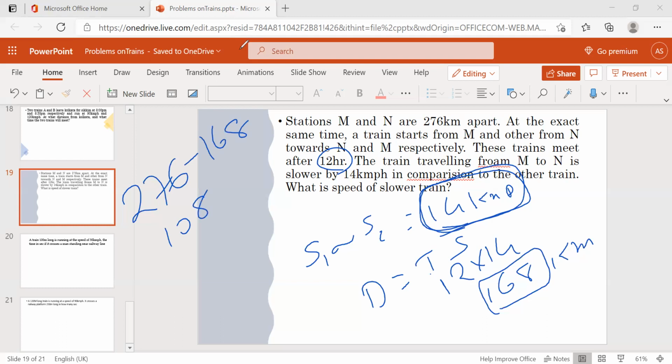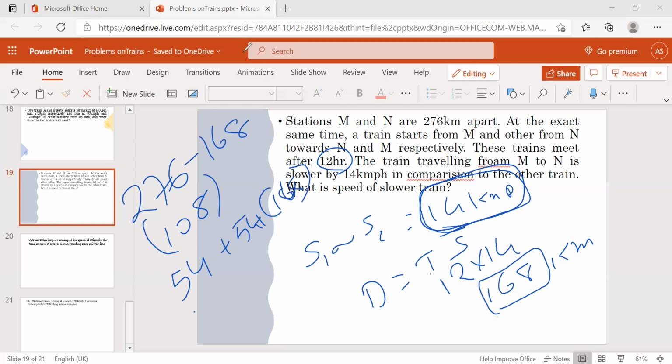What's this 108? The two trains cover these 108 kilometers in the same 12 hours. So each train will cover 54 kilometers. One train 54, another train 54 plus 168.